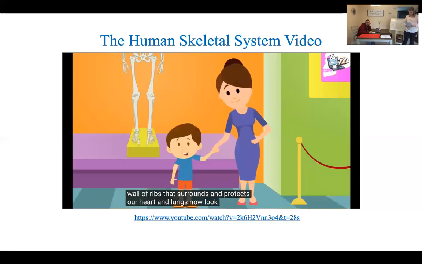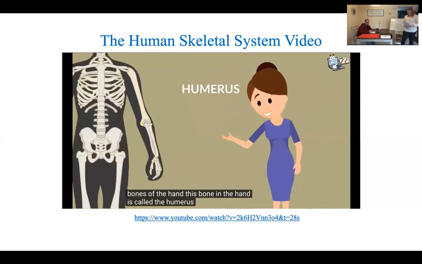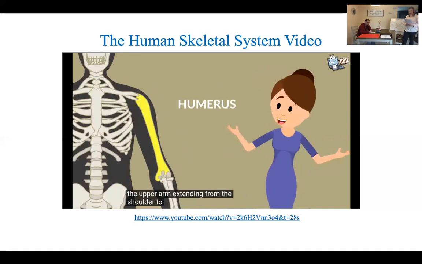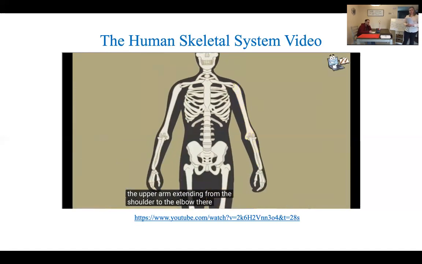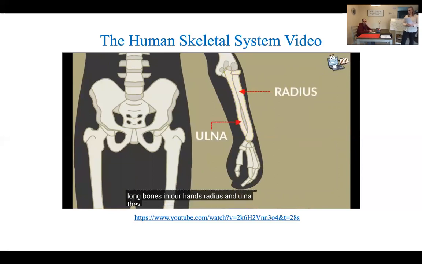Now, look at the bones of the hand. This bone in the hand is called the humerus, the long bone of the upper arm extending from the shoulder to the elbow. There are two more long bones in our hands, radius and ulna. They form the lower arm.